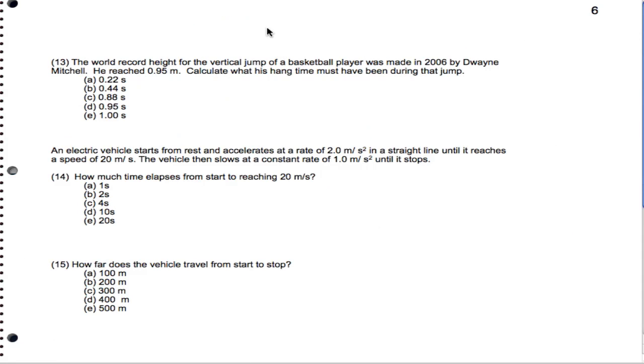Now, number 13, we have a height record for a basketball player. He jumped 0.95 meters, and we want to know what the hang time was during the jump. So let's get half the hang time from falling back to the earth. And of course, that will be y equals 1/2 g t squared.